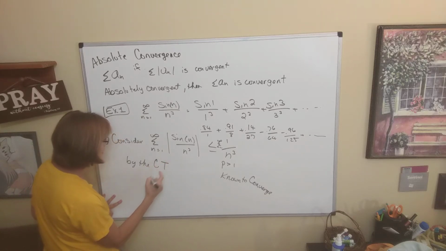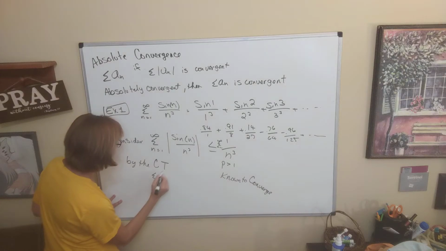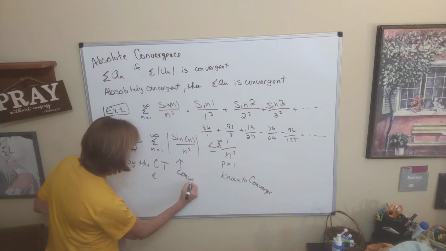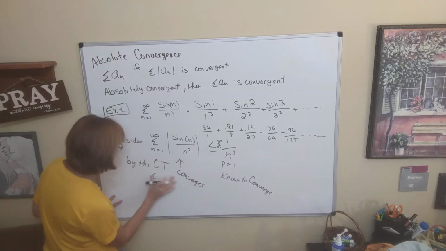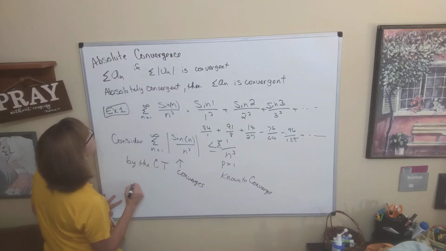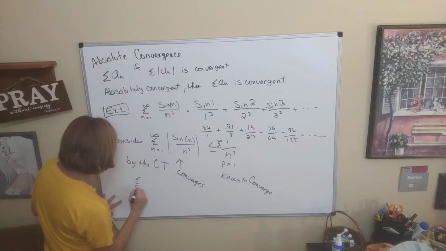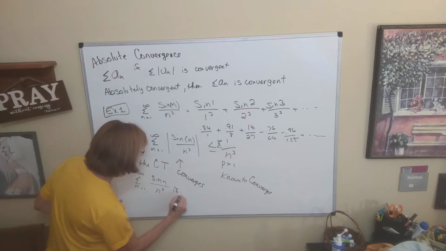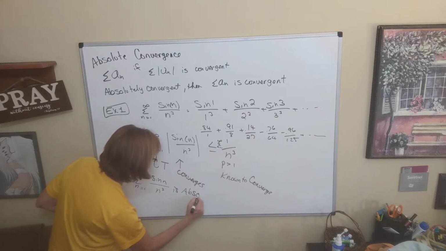So that means that this series, the sine of n over n cubed, is absolutely convergent.